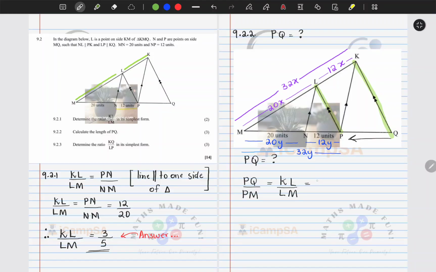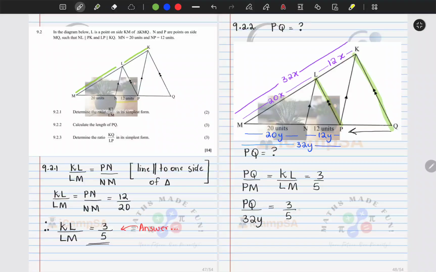Okay, this we already know, it's 3/5. So this essentially means I have PQ divided by our PM is 32y. Okay, and this will be equal to, if you observe carefully, 3/5.